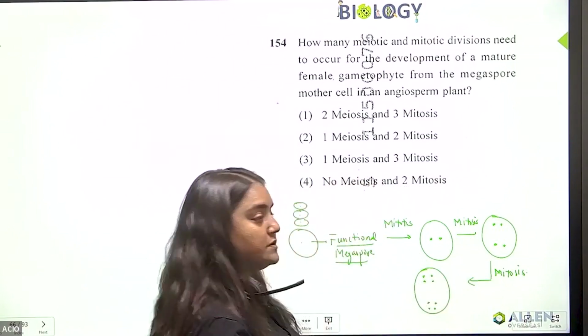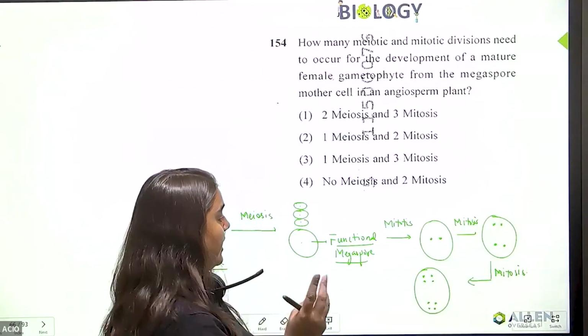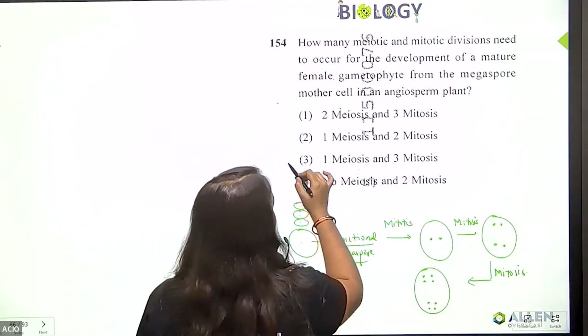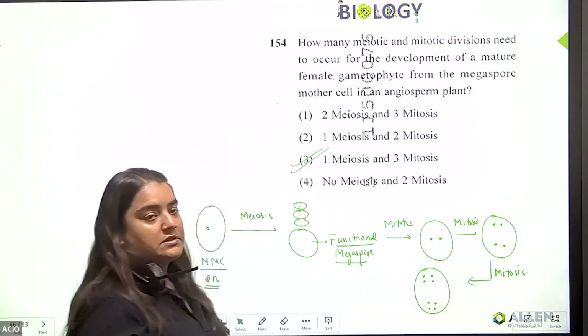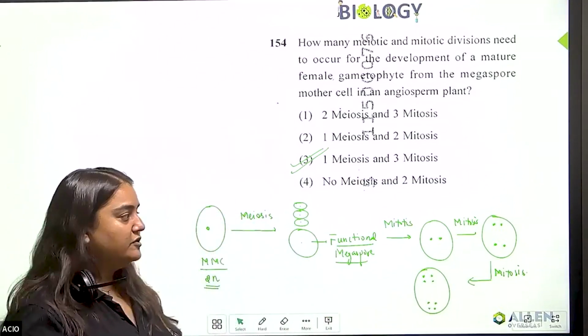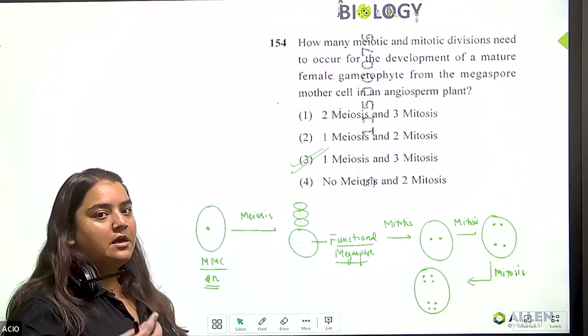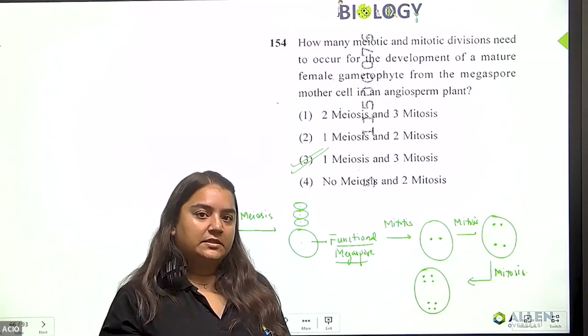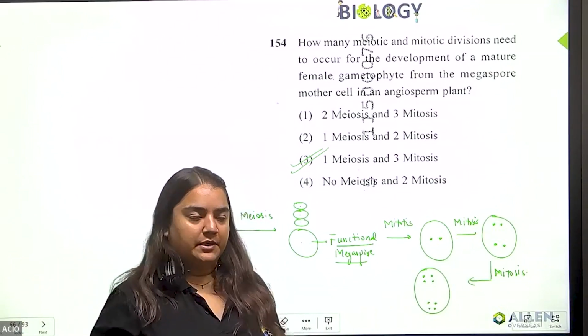So how many mitoses do you require? You require three mitoses and one meiosis to get the 8-nucleate stage. Then they rearrange: three will be antipodals, one will be the egg cell, two will be synergids, and the remaining two are the polar nuclei.